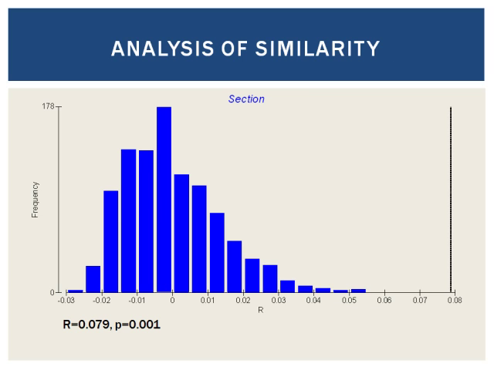So analysis of similarity, what this is showing, the dashed line to the right is our true R value at 0.079. The p-value is at 0.001. And the blue bars represent permutations run by the Primer ANOSIM program.